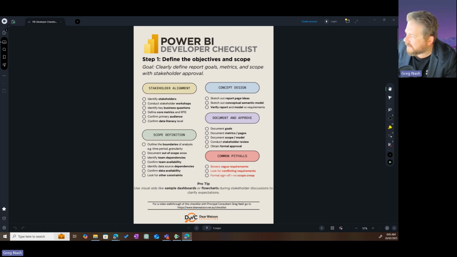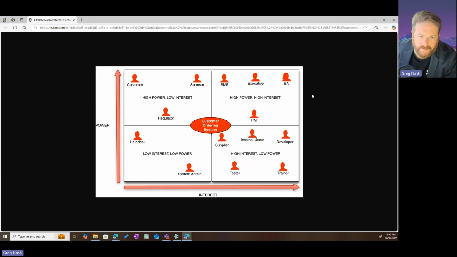I know I'm not showing my screen, but don't worry, I'll get to it. Stakeholder analysis matrix. That's what I was thinking of. Let's have a look at this. Here's a random image I found on the internet.